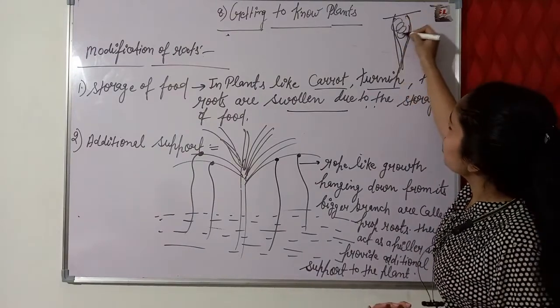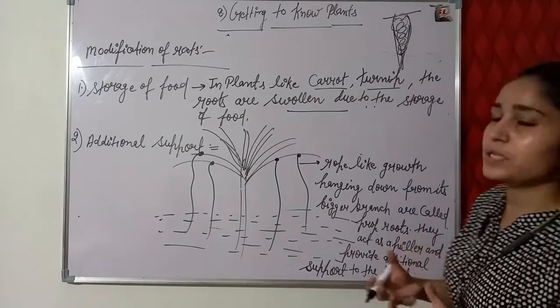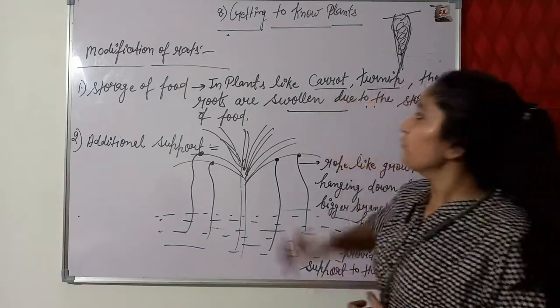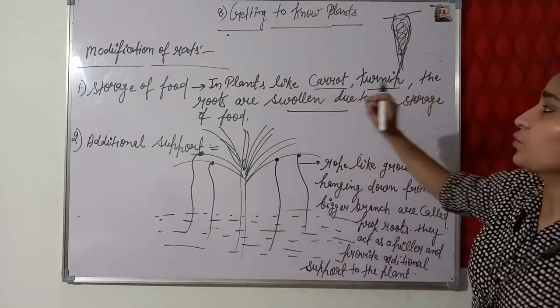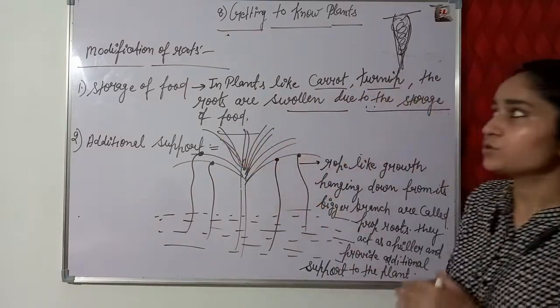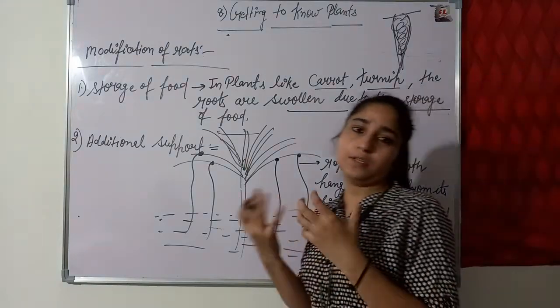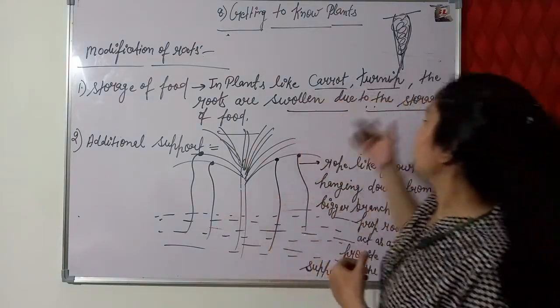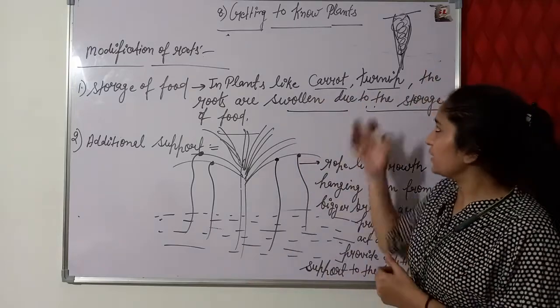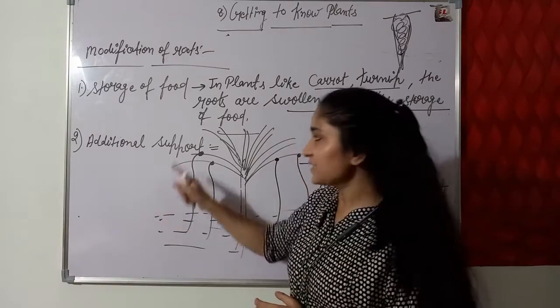Food is stored in this root, and we use the carrot as food. So in plants like carrot and turnip, the roots are swollen due to the storage of food. Here roots are modified for food, such as carrot and turnip, which we use as food. Next is additional support.